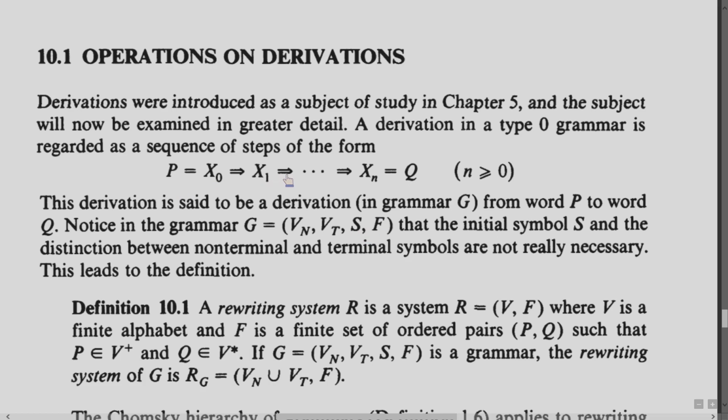After applying another production rule we will reach another, and so on. Ultimately we will reach the last string xn, which is also named Q. So this is a derivation starting from P and ending at Q.